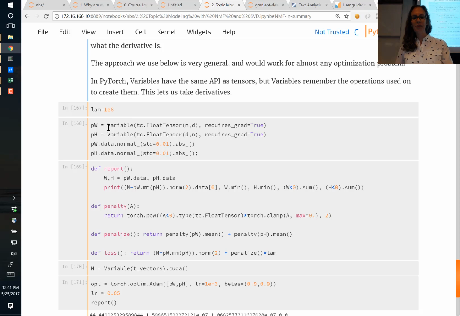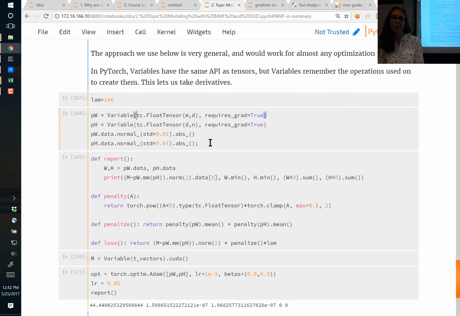Here we're going to have to use variables. The variable has the same API as a tensor, but it has a memory of how it was created, which can then be used to automatically calculate the derivative. You'll want to pass requires_grad=True, so you're saying this needs a gradient.